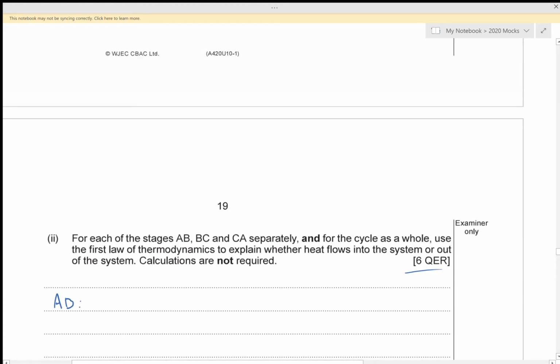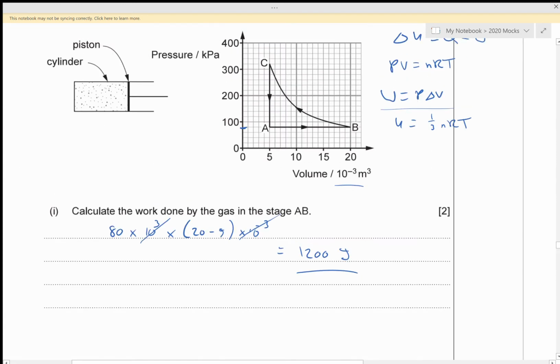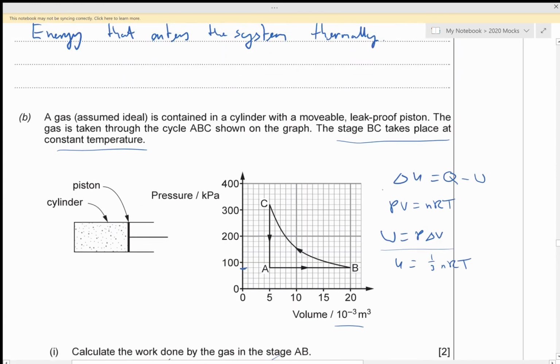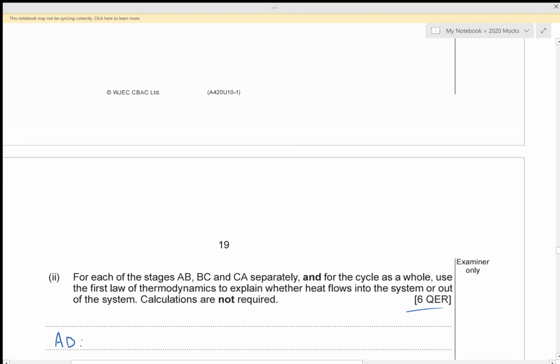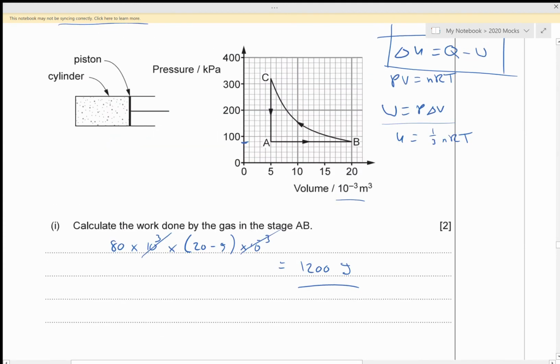We're using the first law of thermodynamics, so if I scroll back up to where I scribbled this stuff down, there's our first law of thermodynamics right there. The change in internal energy is Q minus W, and we're treating each of these separately. So we're explaining whether heat flows into the system or out of the system. So let's have a look.